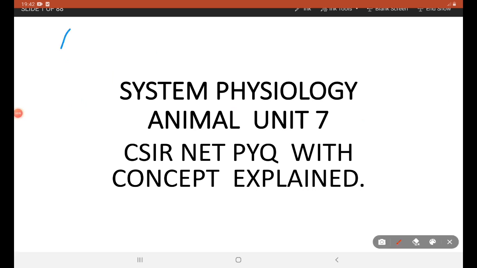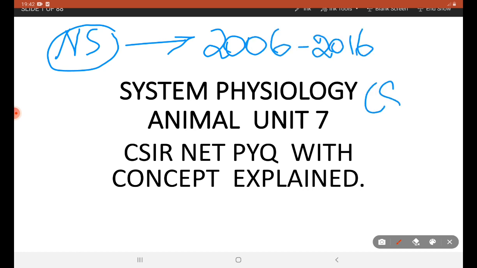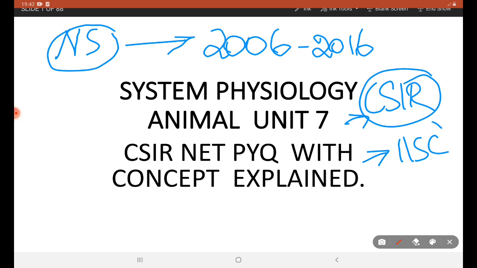We will be dealing with all the questions from the nervous system, including CSIR NET and IASC questions from 2006 to 2016. It will be useful for CSIR NET and GATE life science students.